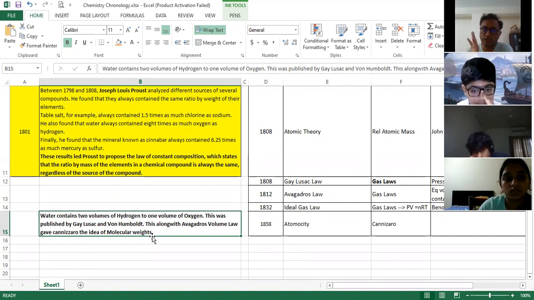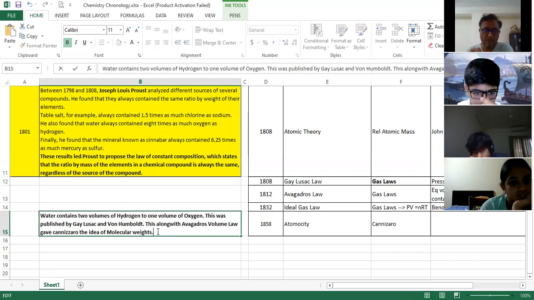Cannizzaro is someone you will not hear about till 12th standard, not even in 12th standard, but he's a very important scientist who formalized the molecular weights. But here what I want you to know is Gay-Lussac is the guy, because till now, the mass ratio by which hydrogen and oxygen combine in water is 1:8.